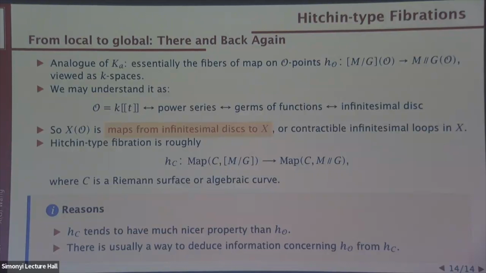Also, what is the way to go from C to O? C to O is through the so-called product formula. On a curve you have infinitely many points, but only finitely many points are interesting. All the other points usually give you something trivial, like a one point. So you can prove a product formula saying that the global fiber is a product of finitely many local fibers, while other points are just times the point.